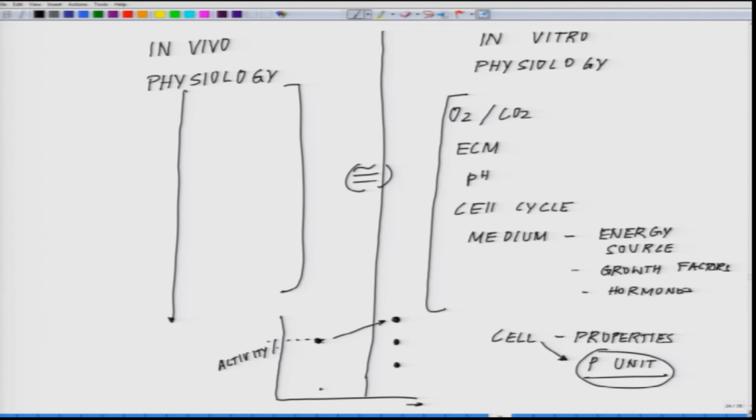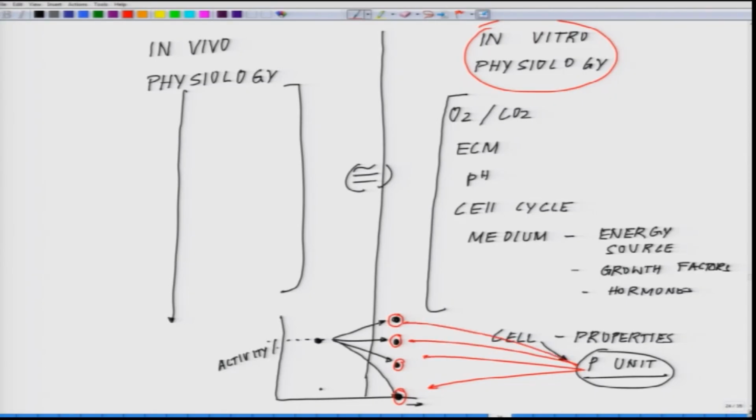So, depending on where I am, I have to understand the biology of this cell which is undergoing an in vitro setup, or I am not even performing that function, I am here at 0. So, the one I am circling in red is the in vitro physiology of the one imaginary aspect, the P unit, what I am trying to tell you.